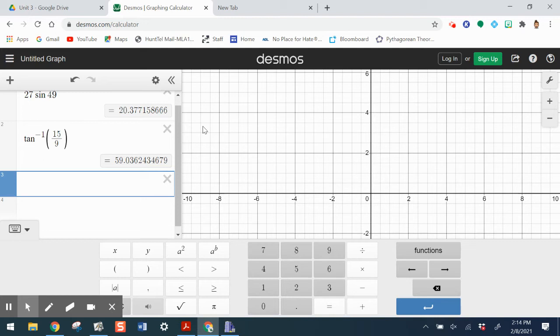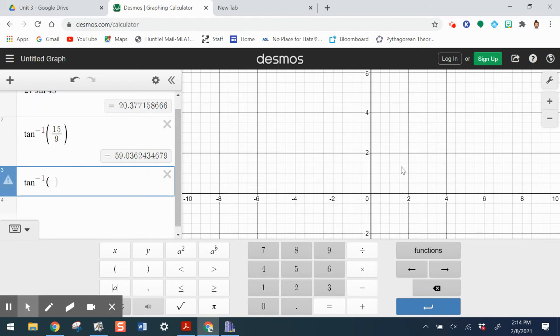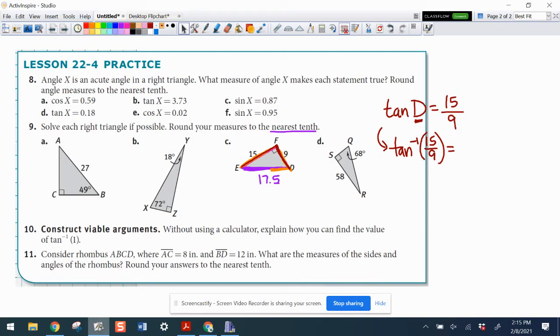And I also want to show you that if you reduce that fraction, 15 over 9, to 5/3, like I mentioned earlier, you still get the same value because it all stems back to similar triangles. So if we did 5/3, an equivalent fraction, because that's a ratio, and ratios that are equal are called proportions, we get the same angle measure for D. So let's go back and add that.